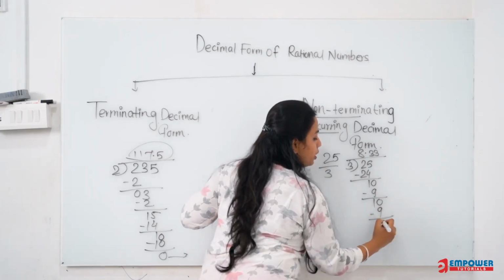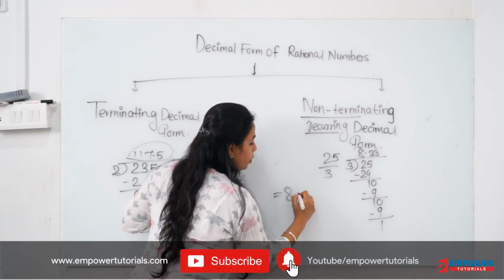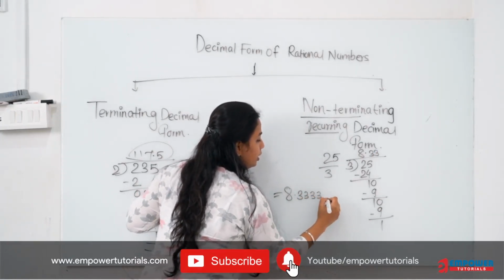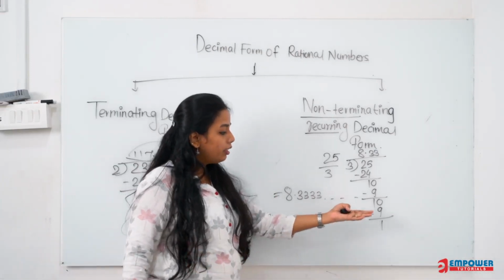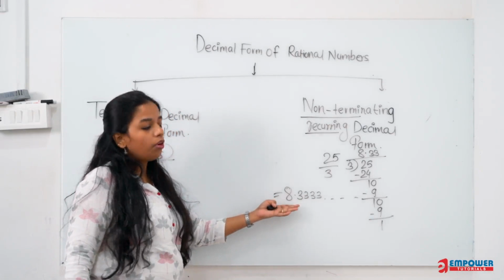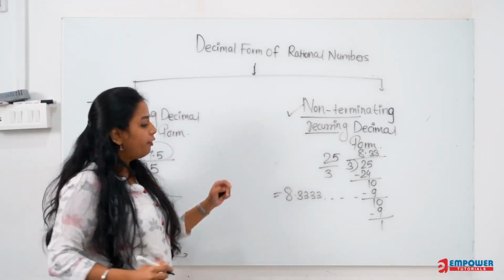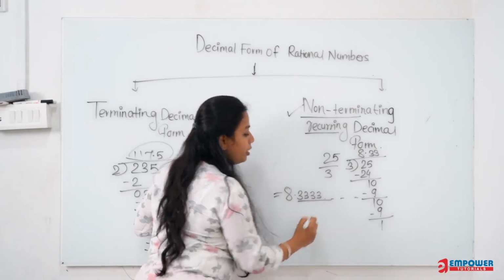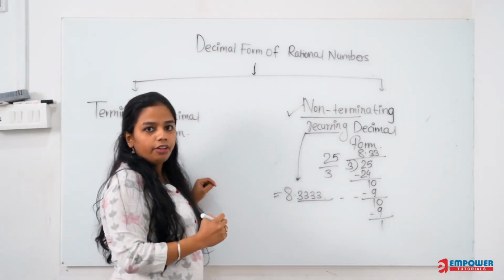So this process will go on. So here I am getting the answer as 8.33333 till infinity. So here you are not getting the remainder as 0. So this decimal form of a rational number is considered non-terminating. But if you see, the digit 3 is getting repeated. So that's why we call it the recurring form.